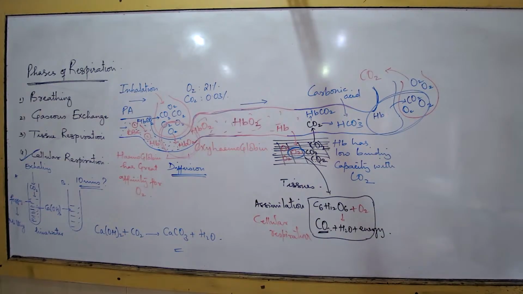Write the answer. In desert plants, the stomata remains closed during the day and open at night, because they cannot afford to remain open during the day.